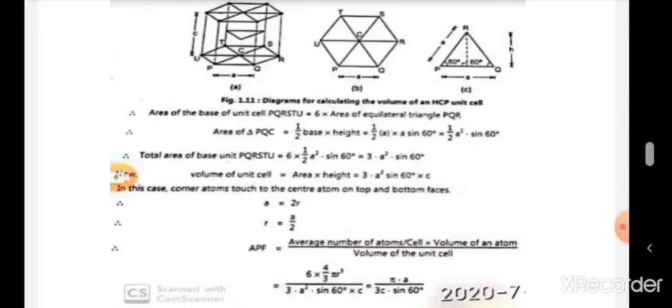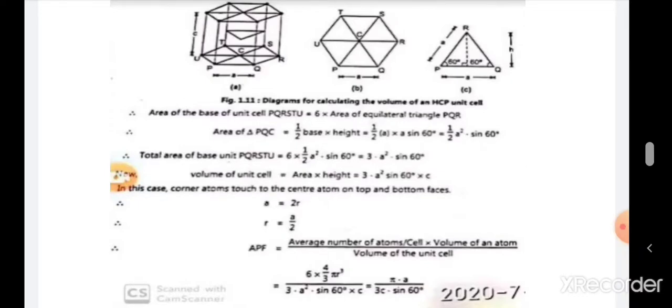So it will be half into base, that is half into A, into height, that is H. But I want to formulate the entire answer in terms of A, so that I can easily find out the atomic packing factor. So H can be denoted as A sin 60.